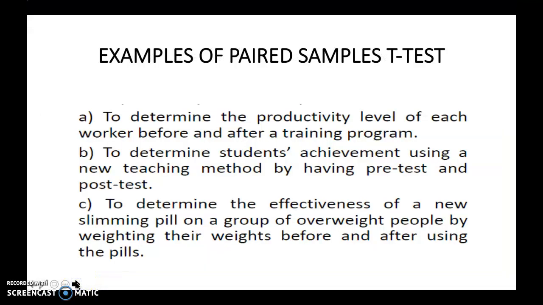Examples of research using the paired sample t-test include determining the productivity level of each worker before and after a training program, determining students' achievement using a new teaching method with a pre-test and a post-test, and determining the effectiveness of a new slimming pill on a group of overweight people by weighing them before and after using the pills. Like I said, the keywords for the paired sample t-test are before and after you give a certain intervention.